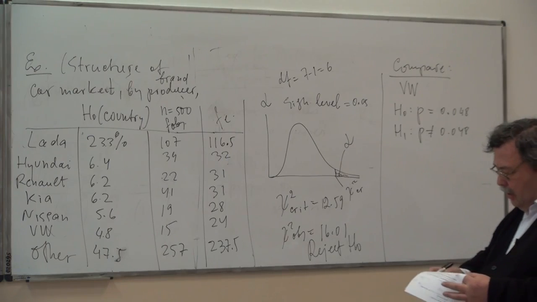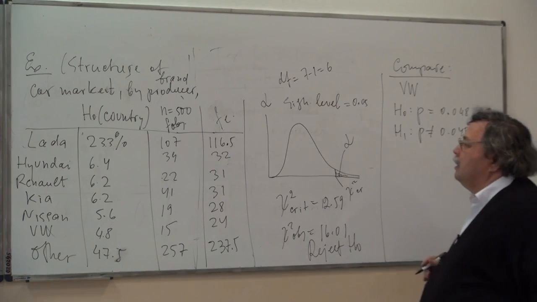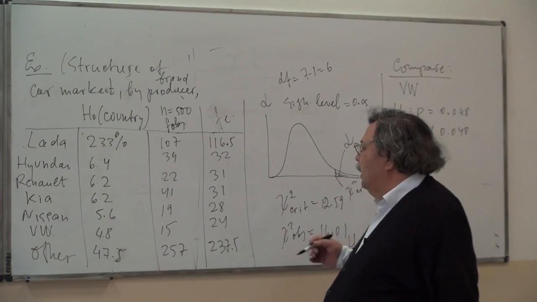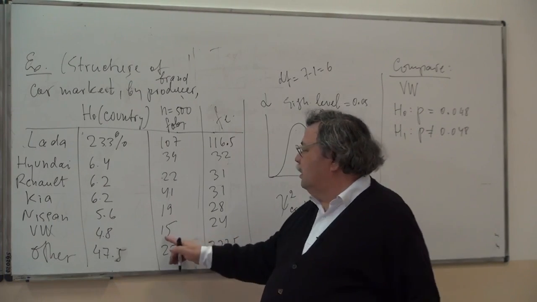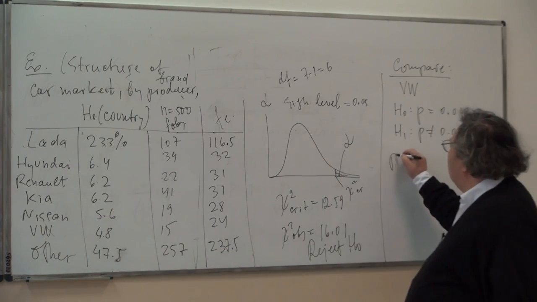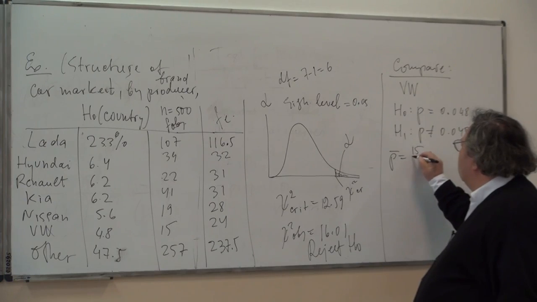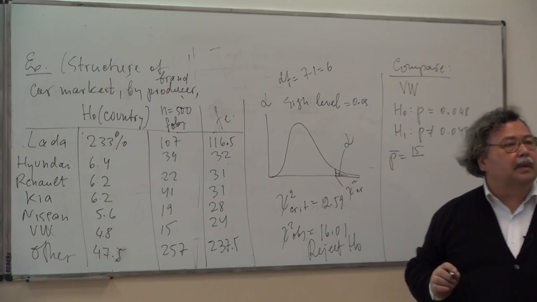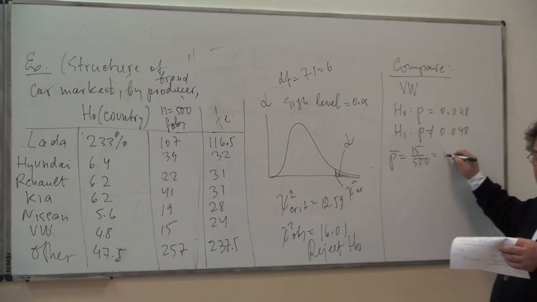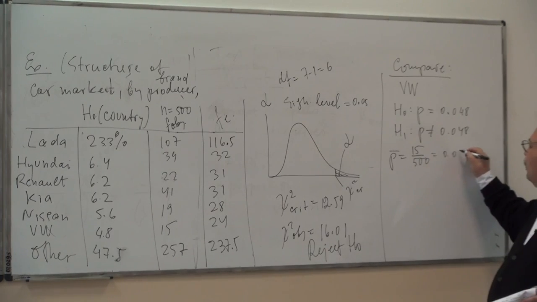But then what is the observed sample proportion? It's this number: P bar is 15, the number of occurrences of this event here, divided by the sample size, which is 500, and it's 0.03.